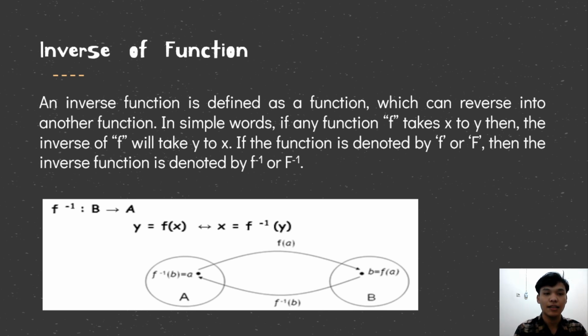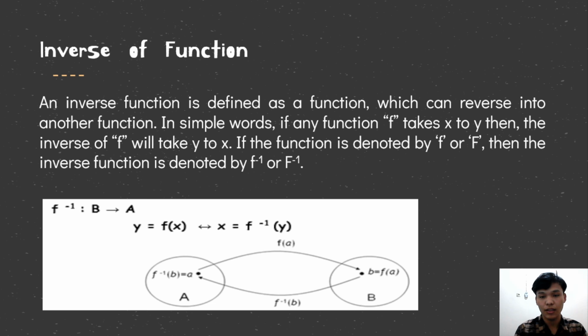The next is inverse of function. An inverse function is defined as a function which can reverse into another function. In simple words, if any function f takes x to y, then the inverse of f will take y to x.